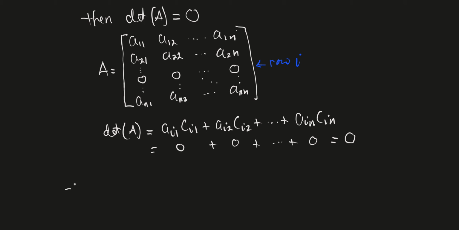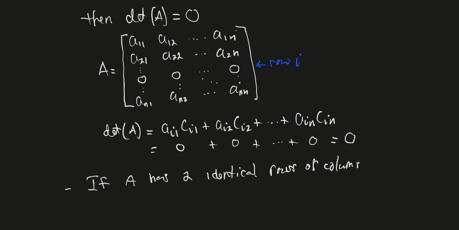All right, so here's this other one. If A has two identical rows or columns, it turns out that its determinant has to be 0 as well, right?